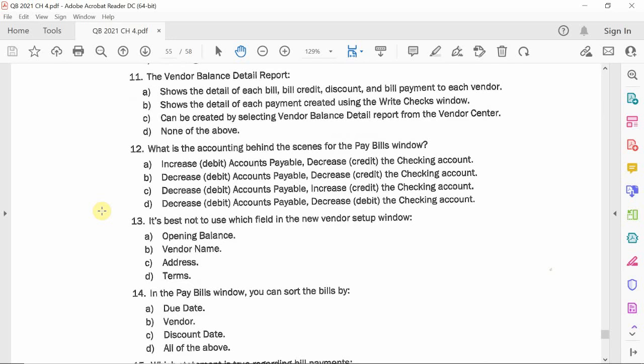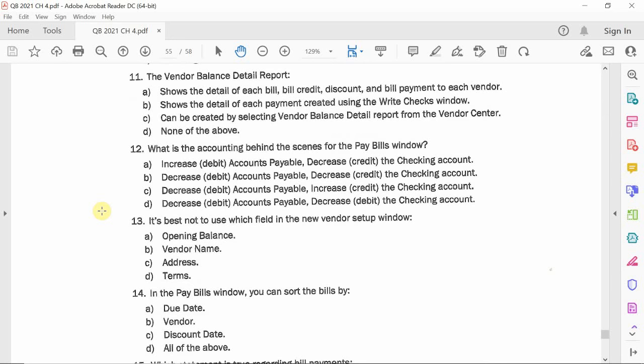B. Let's take a look at B. B says you're going to be decreasing a debit to accounts payable, because we're paying a bill off. You're decreasing accounts payable, meaning you're lowering your liabilities.